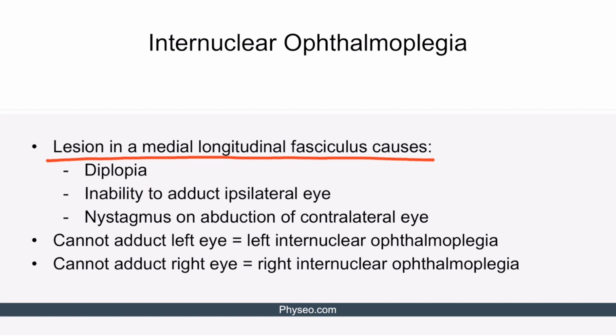But let me make this very simple for you. If a patient cannot adduct the left eye, it is the left medial longitudinal fasciculus that is lesioned, and the patient would therefore have left INO. On the other hand, if a patient cannot adduct the right eye, it is the right medial longitudinal fasciculus that is lesioned, and the patient would therefore have right INO.